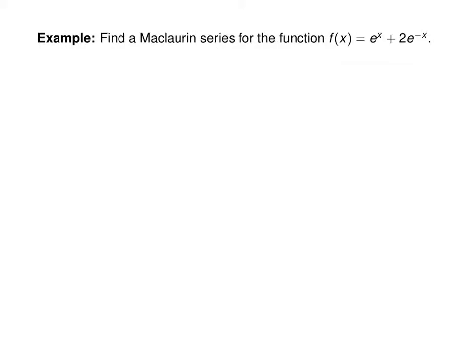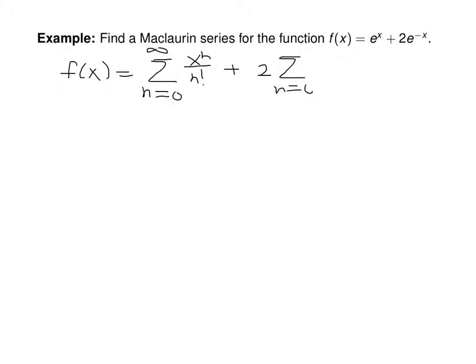And we have e to the x added to 2e to the negative x. So e to the x has Maclaurin series the sum from n equals 0 to infinity of x to the n over n factorial, plus 2 times the series from 0 to infinity of negative x to the n over n factorial.